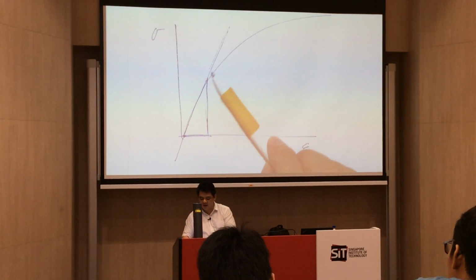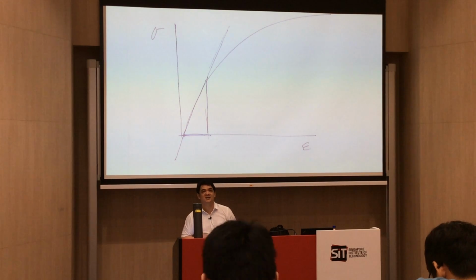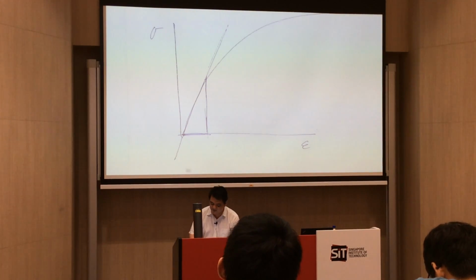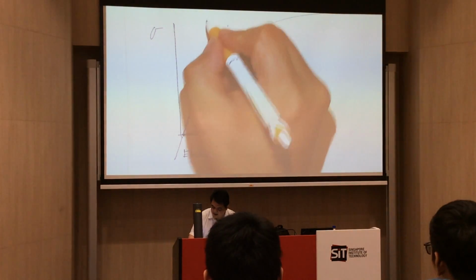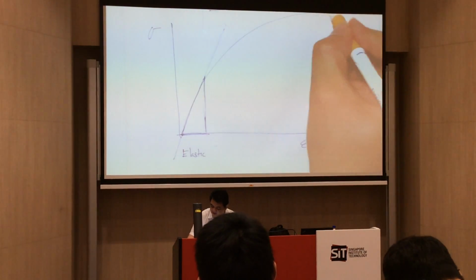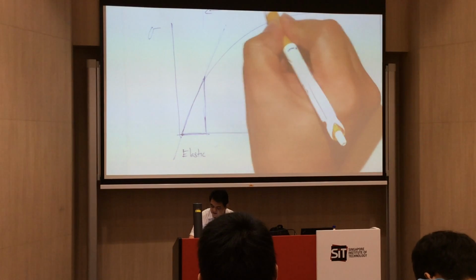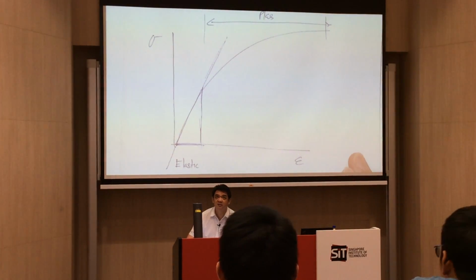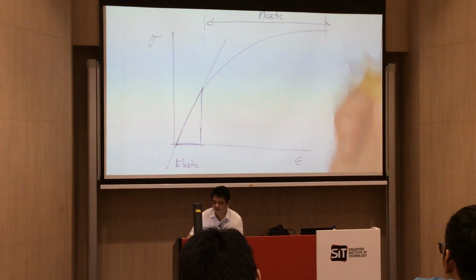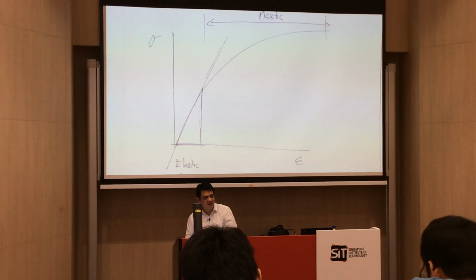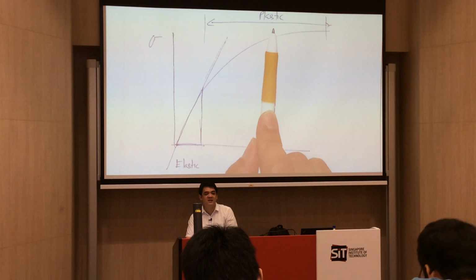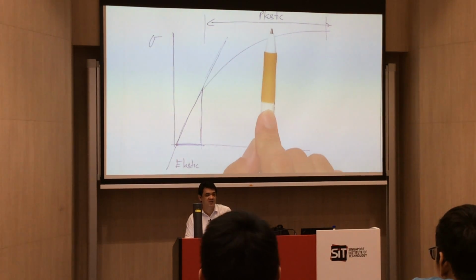Exceeding this, it becomes plastic. So we have an elastic region, and then from here until it fails, you have a plastic region. Here applies the theory of elasticity, and here applies the theory of plasticity.